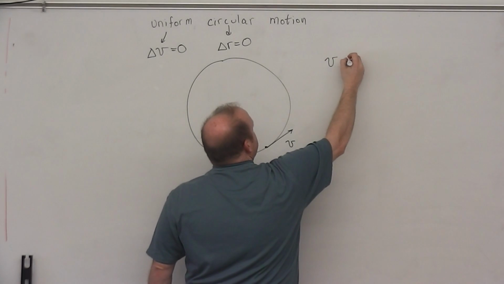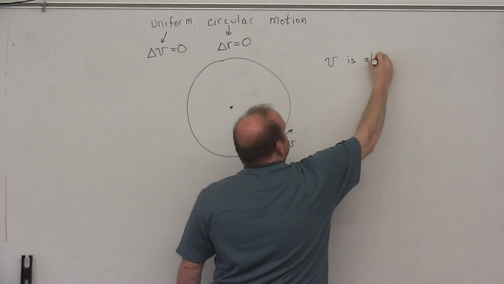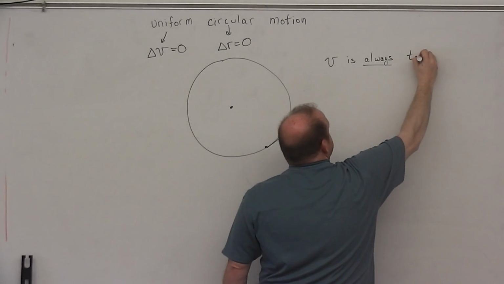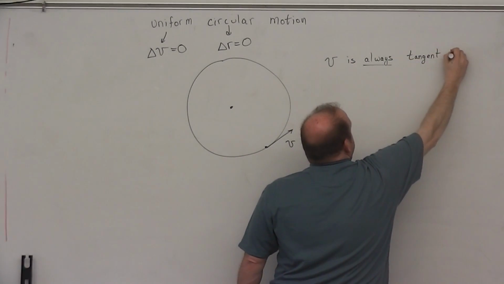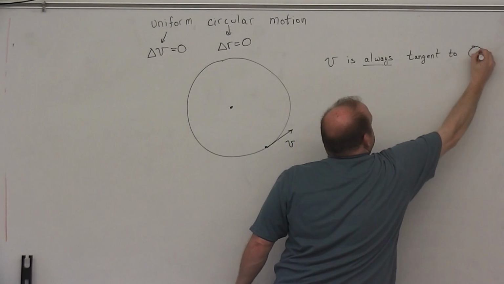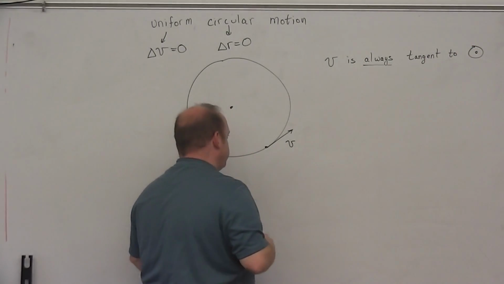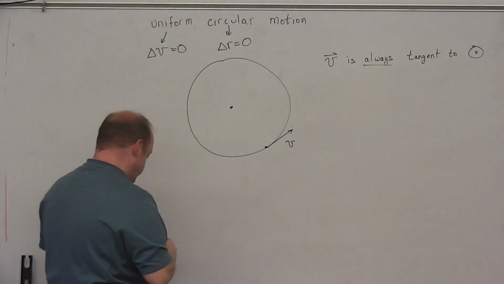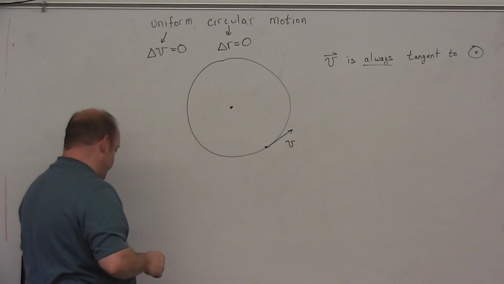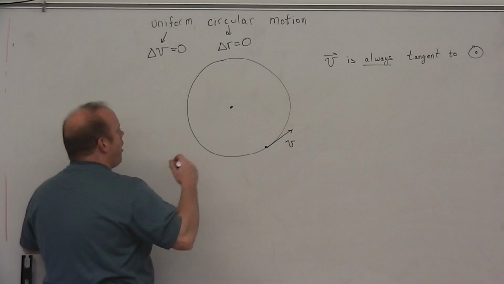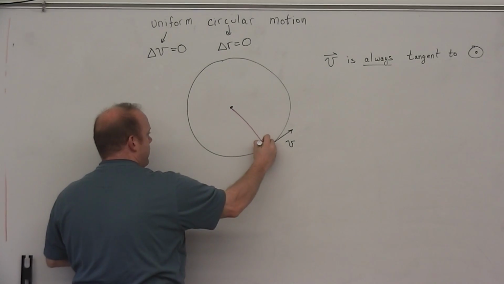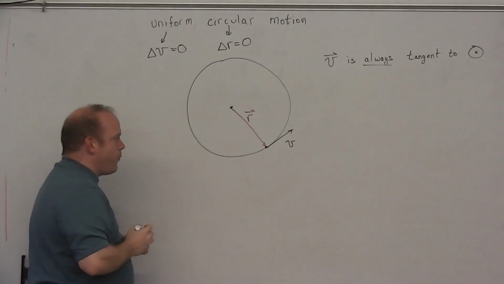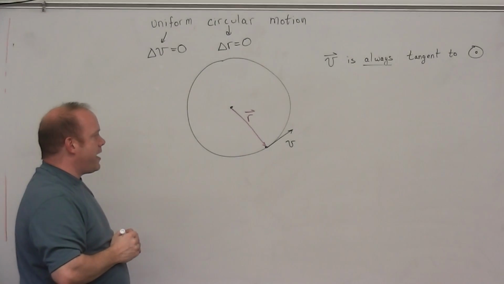So v is always tangent to the circle, and this is velocity as a vector, because we're talking specifically about its direction. R goes from the center here to wherever it's located at a particular moment in time.